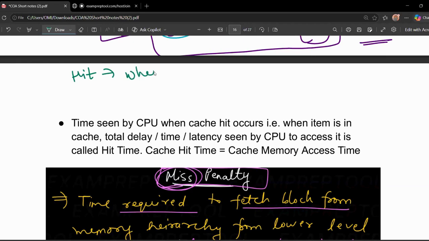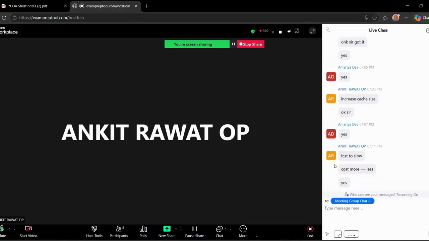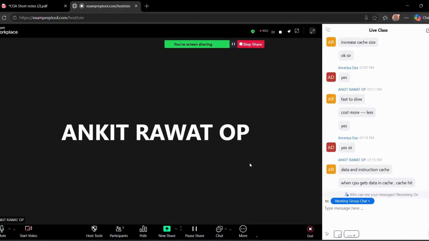When the CPU requests something and the requested item is present in the cache, that is called a hit. And what is a miss? When the CPU-requested item is not present in the cache, then it is a miss.